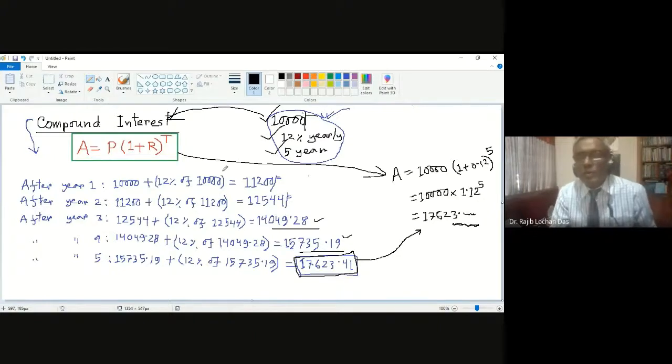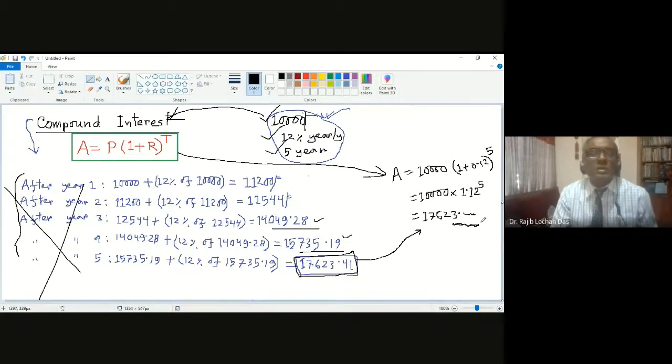So this is the compound interest formula and the compound interest concept. So in your exam, you will not do this. You will just use the formula and find out the answer. That's all.